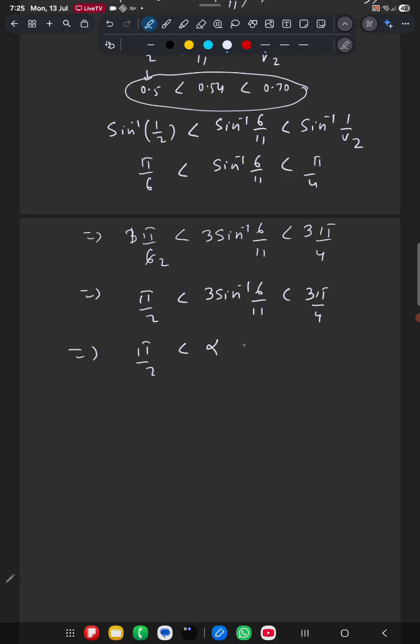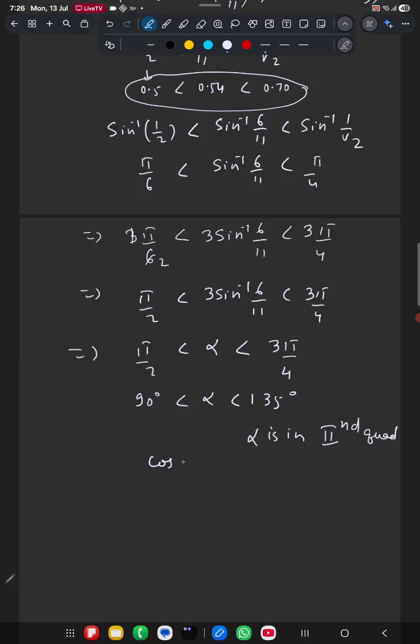This entire thing is alpha. So alpha lies between pi by 2 and 3 pi by 4, which is 90 degree less than alpha less than 135 degree. From this you can conclude that alpha is in the second quadrant, yes or no? And in the second quadrant sine value is positive and cos value is negative.